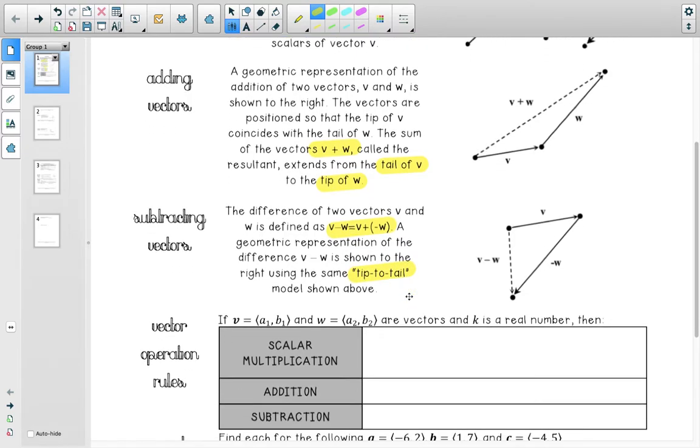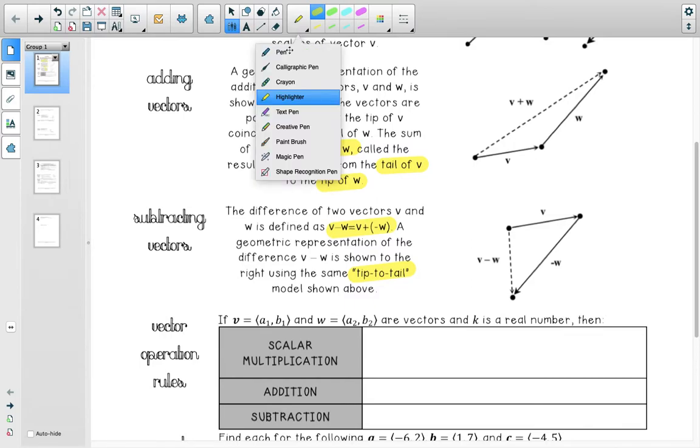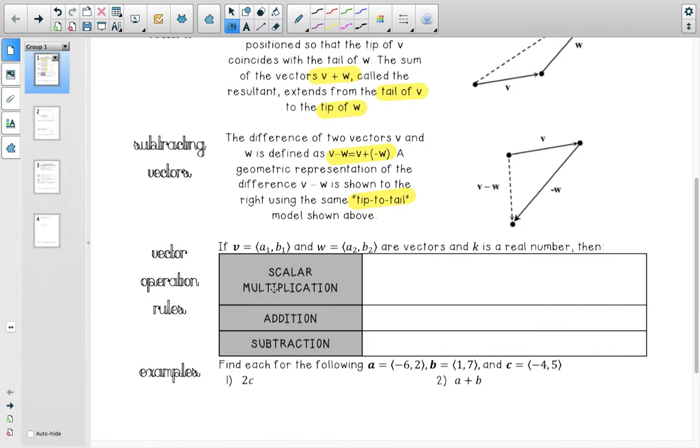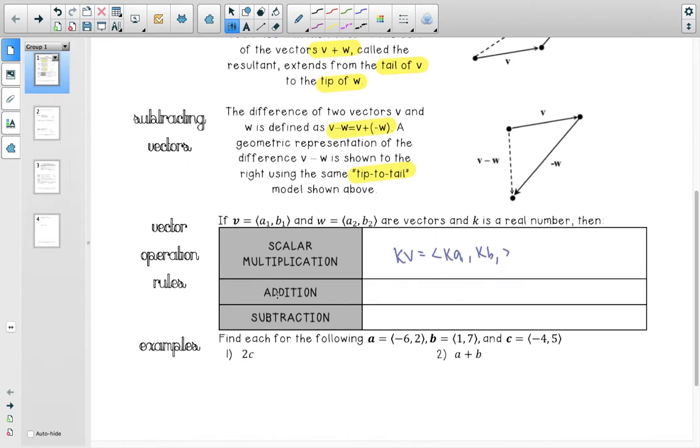Okay, so just to write it out in math, here are the rules. For scalar multiplication, if you have k times v, you end up with ka and kb, and I'll write the 1 and the 1 here, so that's the 1 to match up right there. You're multiplying each component in the vector by that constant.